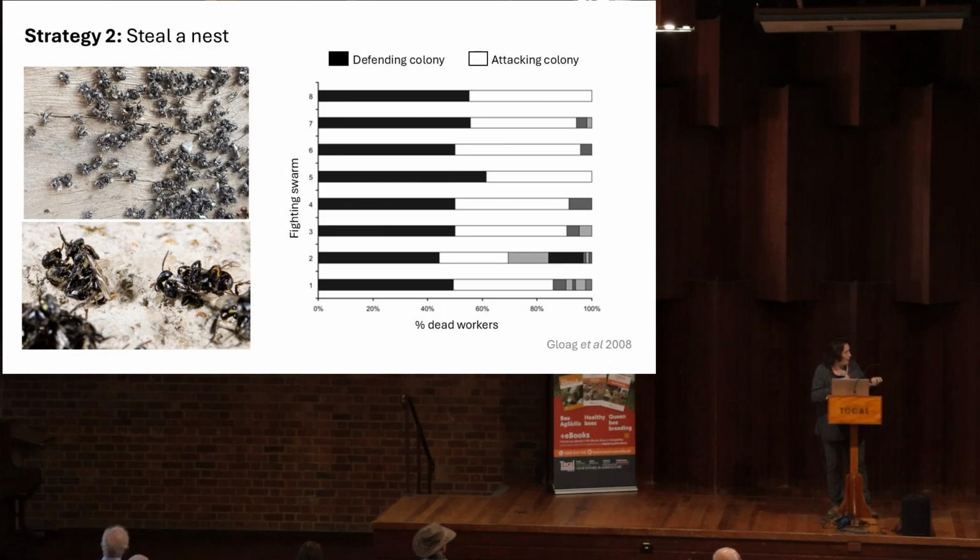And we see that most of the time, this is just a plot which is showing, in black, the proportion of dead workers after one of these fights, for 8 different fights, that are a genetic match for that defending colony, and in white, a genetic match for the attacking colony, or for what we assume to be the attacking colony.